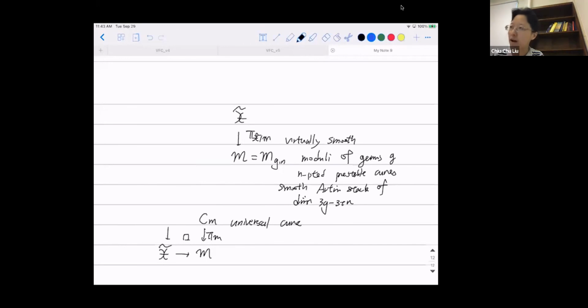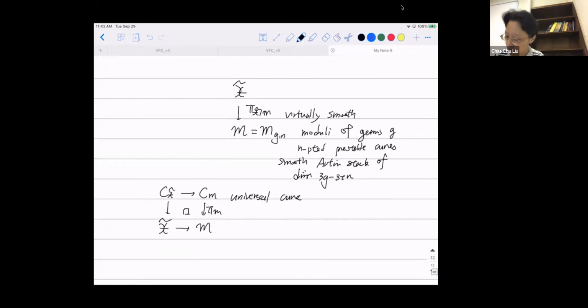So we pull back the universal curve to get the universal curve on the total space, on X tilde. So what is this X tilde? The X tilde can be identified with some space of sections.